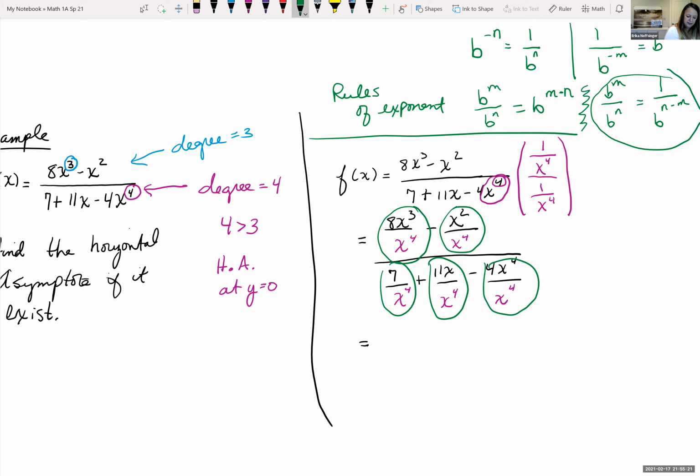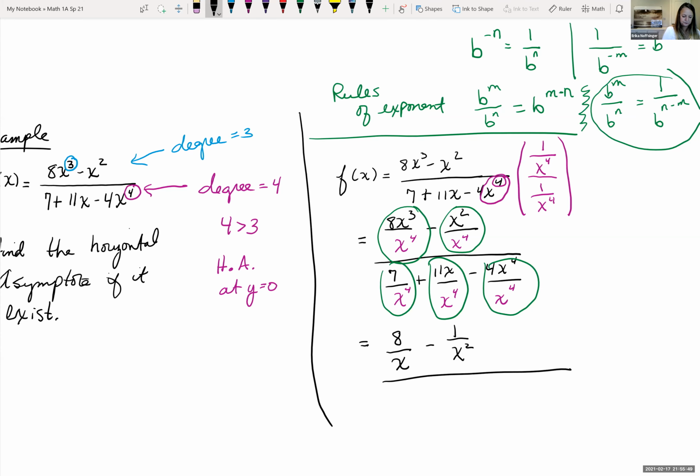If we can simplify. So 8x cubed over x to the 4th. Well, degree in the denominator, 4 minus 3 gives me 1. So this is going to leave me with 8 all over x to the 1st power. Minus, same base, exponent in the denominator is larger, so let's just subtract it. So 4 minus 2 is 2. So this would be 1 over x squared.